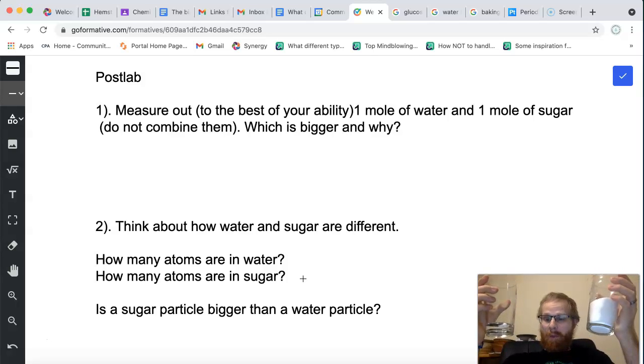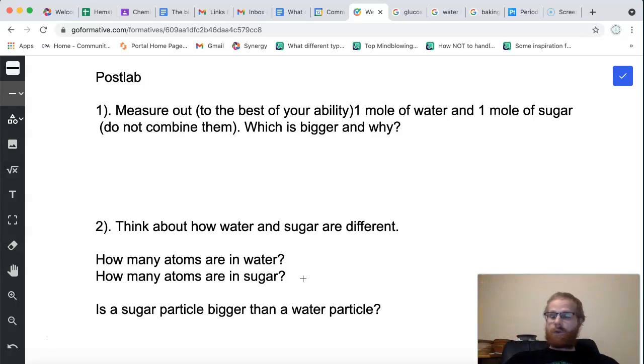So how much a mole is depends on the substance that we're measuring. That's one of the reasons why in class I always want you guys to write down the substance as well as the unit, because the substance matters, especially when we get into chemical equations and balancing reactions. The type of substance matters. Are you working with sugar? Are you working with water? It really depends.